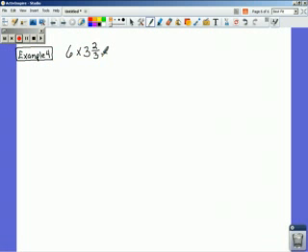Once again, we're going to distribute that 6 across all of the other components in this number. We'll say 6 times 3 plus 6 times 2/3. We know that 6 times 3 is 18.